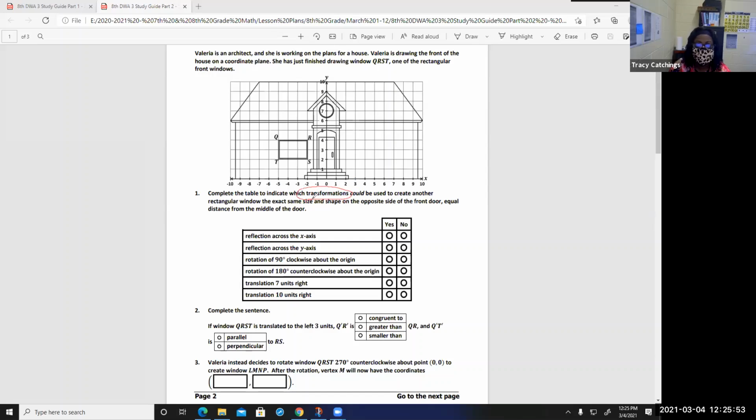Transformations. What is a transformation, or what does it mean? What does transform mean? All right, so a transformation is a change. There are 4 kinds of transformation. Anybody know any kinds of transformation?